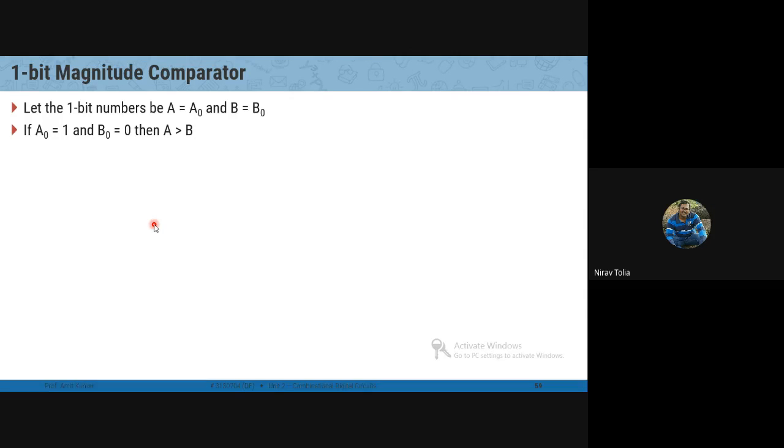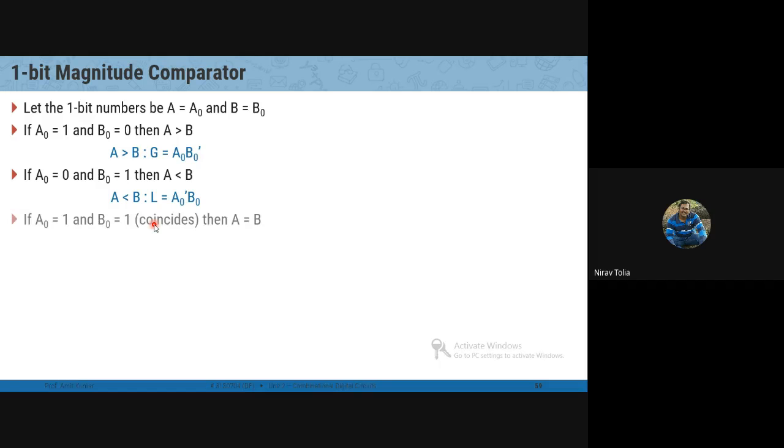The equation for A greater than B is A0 B0 dash, or you can also say A0 B0 bar. But if my A0 is 0 and my B0 is 1, then my A is less than B. And for A less than B, the equation is A0 bar B0, or you can say A0 dash B0.